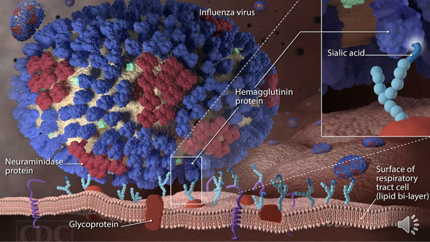The hemagglutinin protein present on the surface of the virus binds with this sialic acid, and as a result of this receptor and binding site interaction, there is a change in the membrane of the animal cell, and through the process of endocytosis, the virus goes into the cell for the further processes.